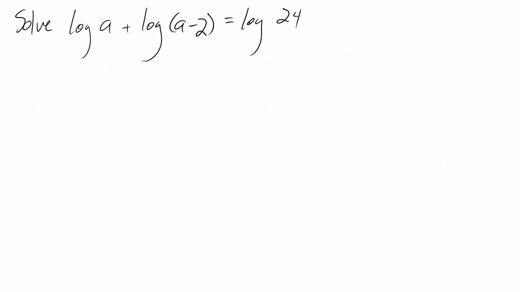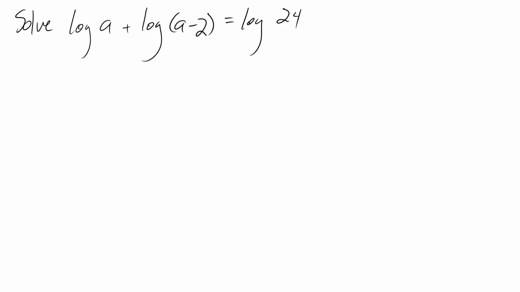Next, solve the equation log of a plus log of a minus 2 equals log of 24. So we're going to solve for a, and the a's are already together on the left-hand side, so we're going to use that to our advantage.